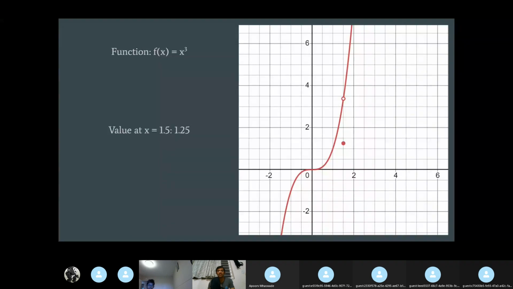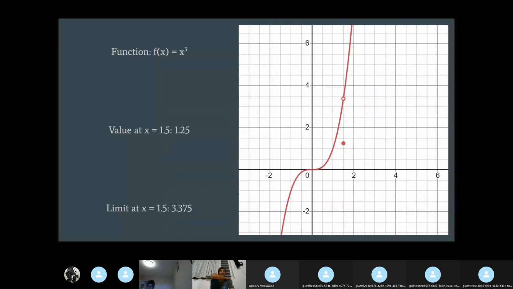You don't have to calculate it; the simple expression 1.5 cubed is perfectly fine. Does anybody think otherwise? Is there any other answer? No? Okay then. Yeah, the limit at x equal to 1.5 is 3.375, which is 1.5 cubed.